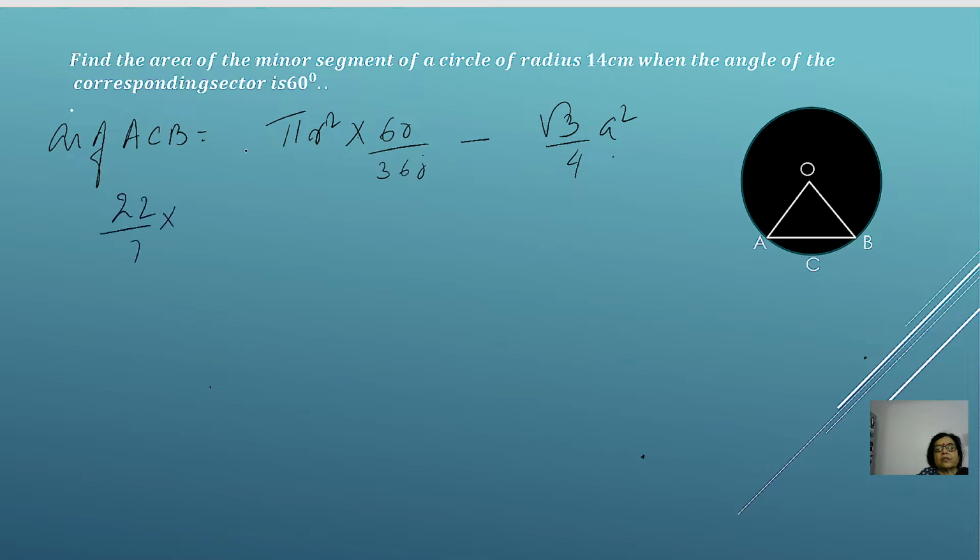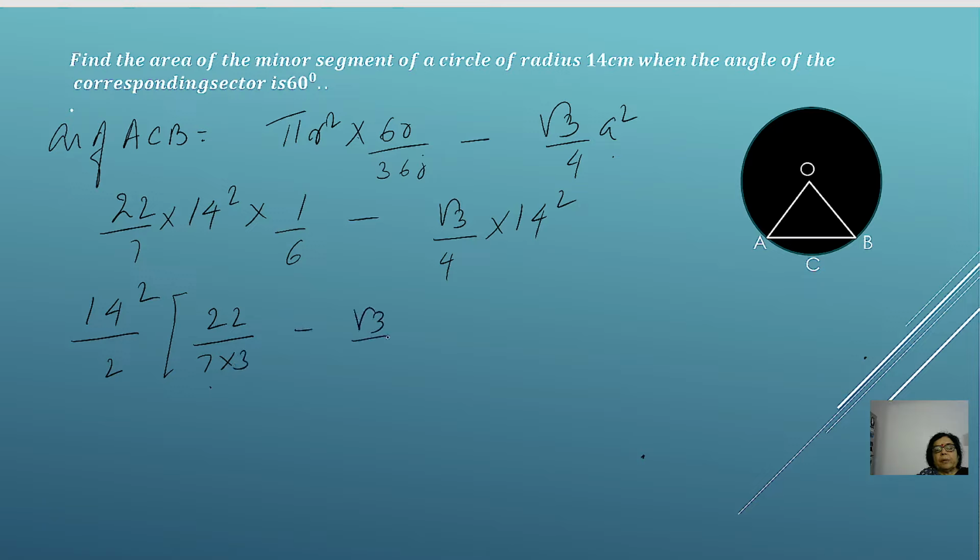R over here is given as 14 centimeters, so 14 square into 1 by 6 minus root 3 by 4 into 14 square. So this becomes, we can take out 14 square by 2 common, and we are left with 22 by 7 into 3 minus root 3 by 2.